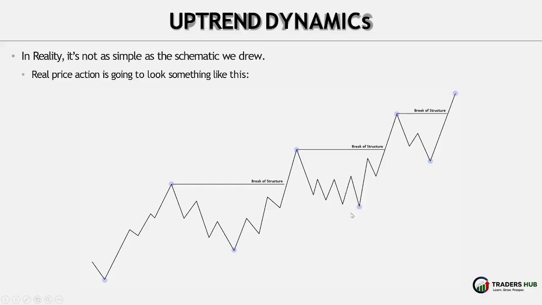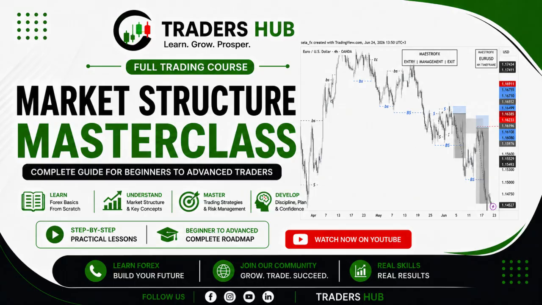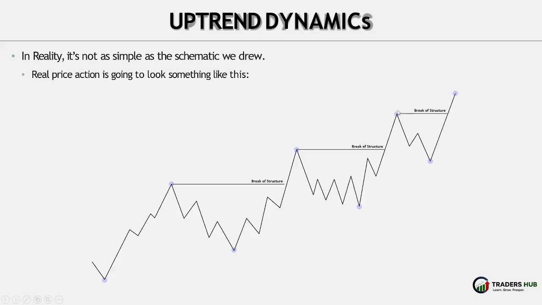And this is where we look to capitalize. In an uptrend, we only look to buy. Okay, and we only look to buy on the higher low. Okay, yes, and that's it. And you can see that after price corrected to this higher low, the lower time frame shifted, broke structure, and broke the previous higher high to form a new higher high.